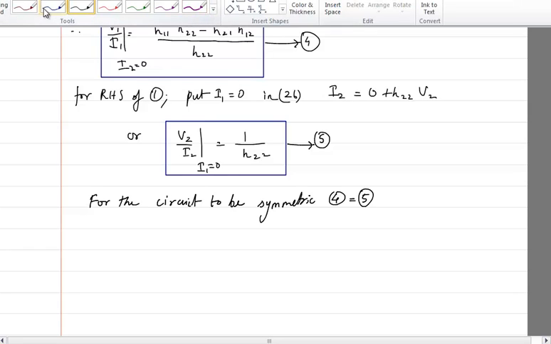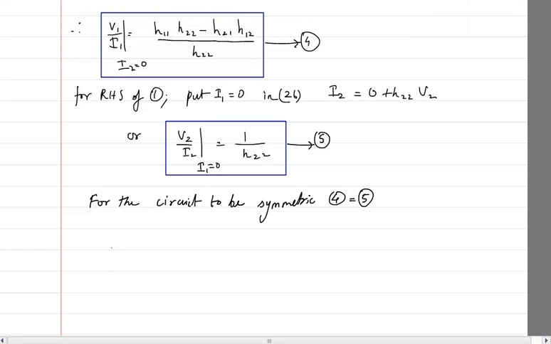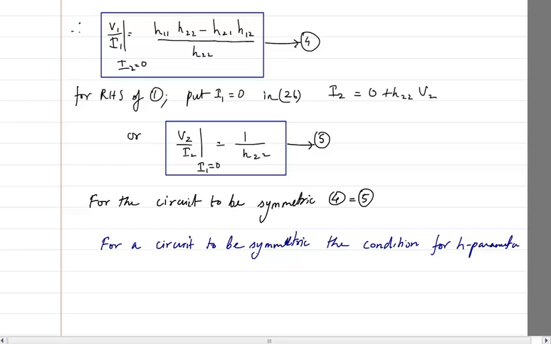Therefore, I will write it now in a different color. For a circuit to be symmetric, the condition for h parameter is that the numerator has to be 1.